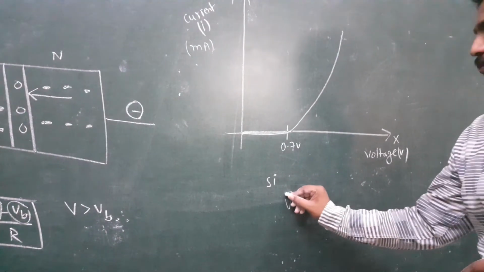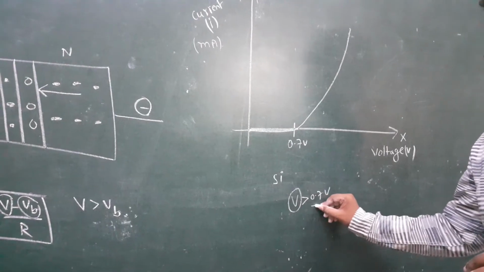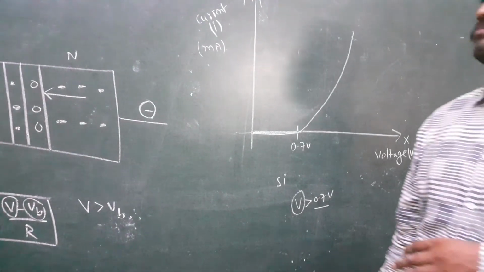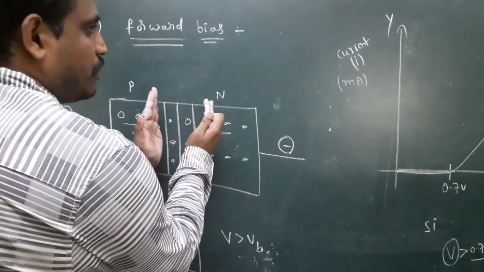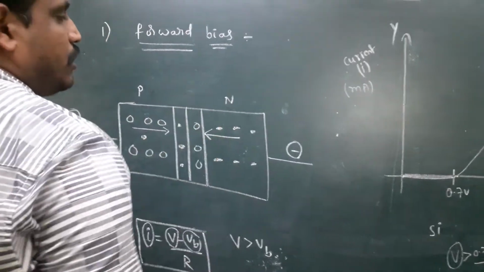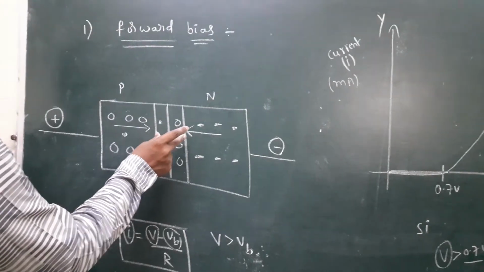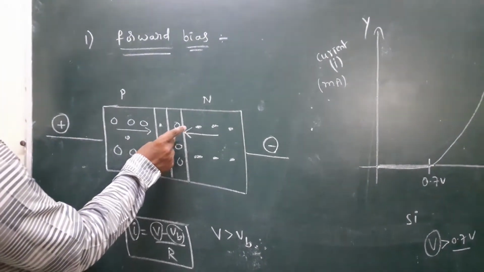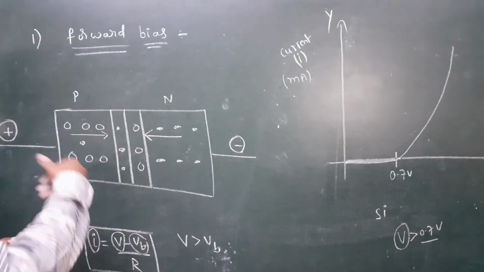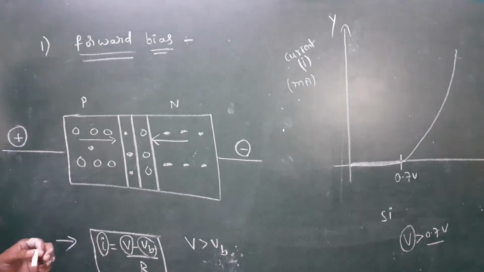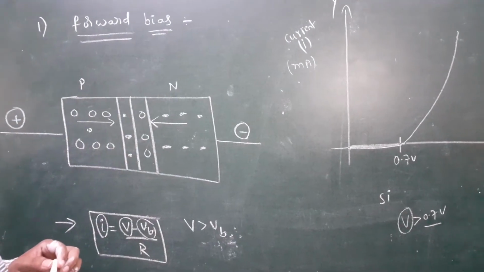After that, the depletion region is completely destroyed and the potential barrier is destroyed, so current flows easily. That is why, as the applied voltage increases, the current increases exponentially.